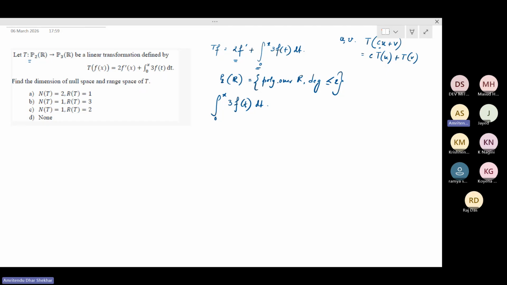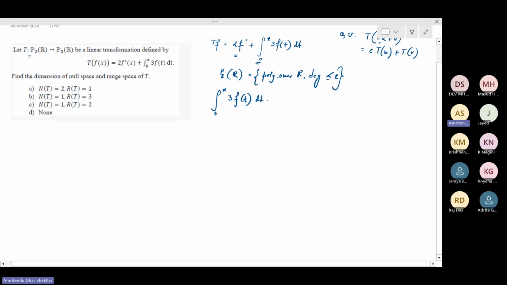So now the question is, what is the dimension of the null space and the range space of T? What is the null space? The null space is the space of the vectors such that they map to 0.